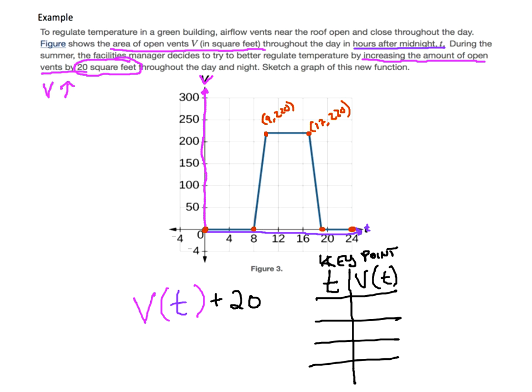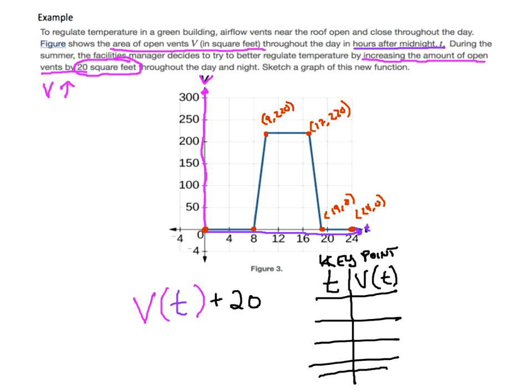And then I have this other one. Oh, that's a key point there. That's about 19, 0, and 24, 0. I need to make a couple more spaces for my key points.